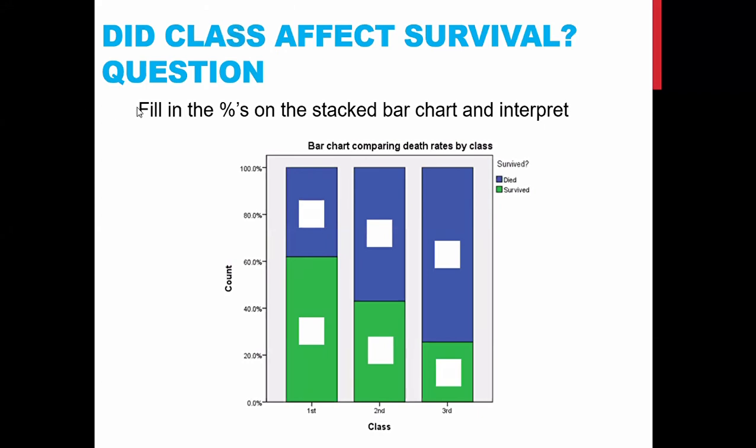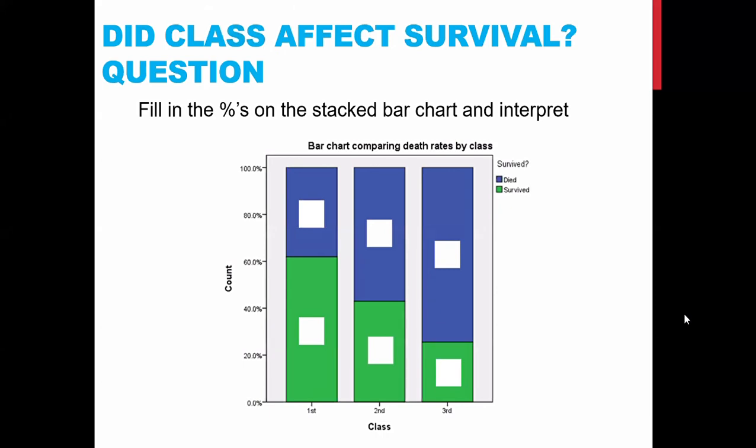So third class being the lowest, having the highest mortality. Look, blue is death. Try again, look at your legend.